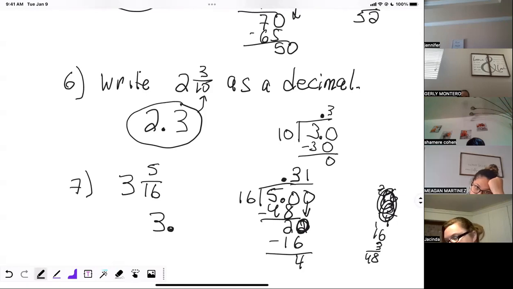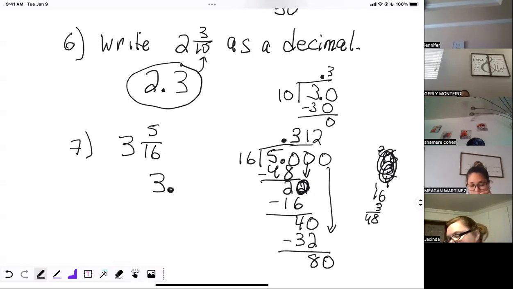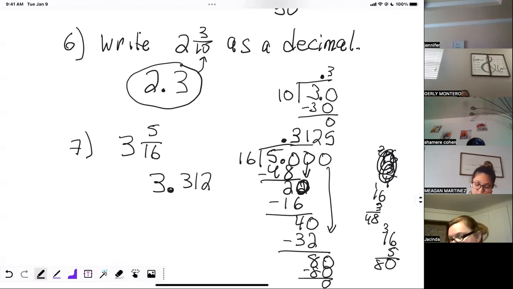All right, 4, add a 0. How many 16s are in 40? It has to be 2. If 3 is 48, it has to be 2. So that would be 32. That's 8. Add a 0. Bring down to 80. And I think this is my last one. I think this is 5. Yep. And this is 5. That's 80. 0. Okay, so it's 3.3125.